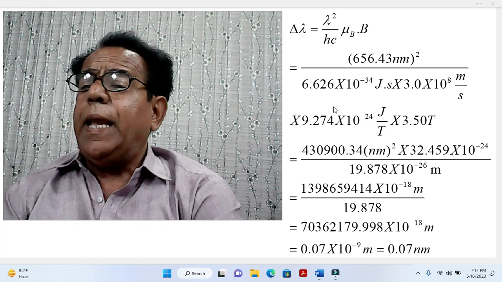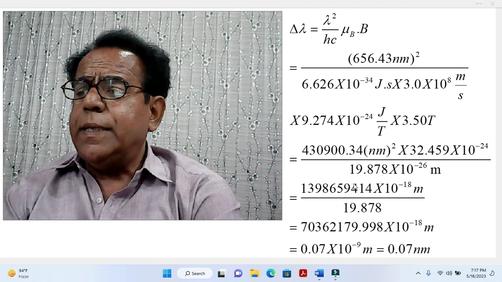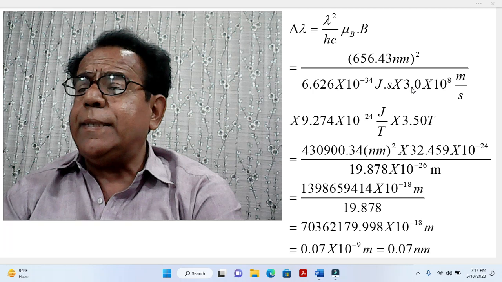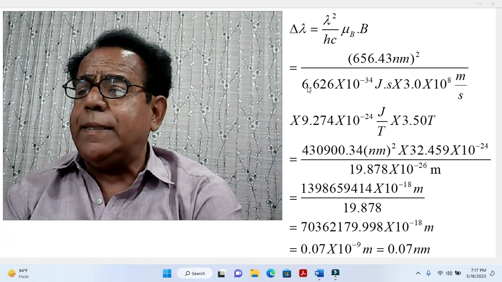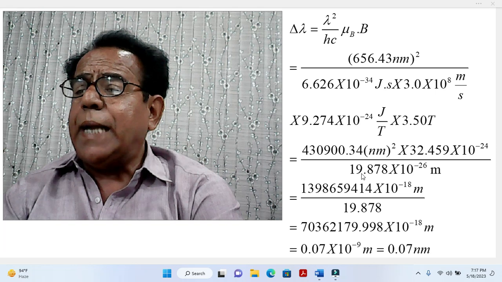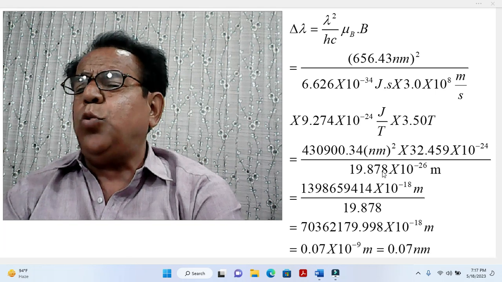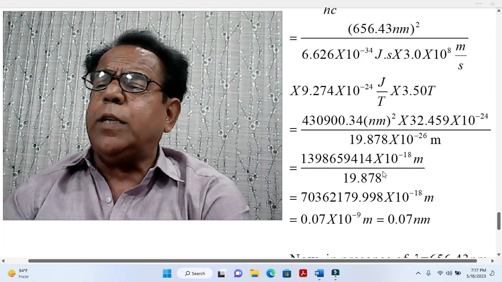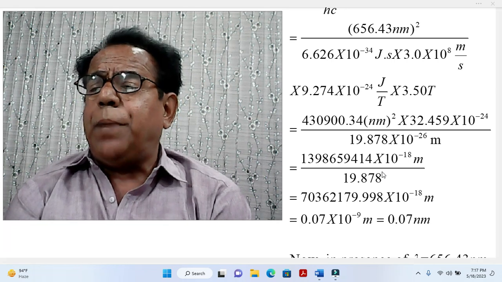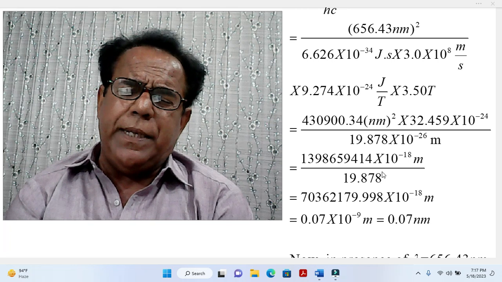And in the denominator we have simplified. How simplified? This 3 has been multiplied with this 6.626, and it has taken the form 19.878. Okay, so no rocket science, just simplification mathematics of primary or secondary level.